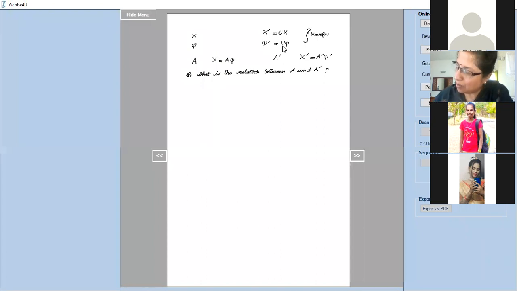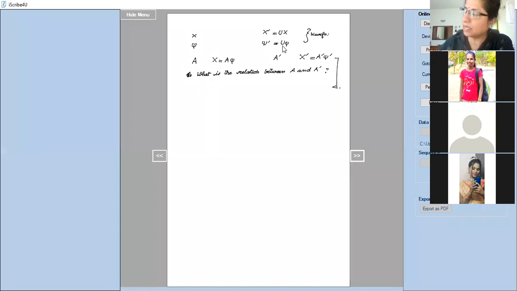Right. So now let's go from this relation itself. So your x prime is equal to A prime psi prime. But what is your x prime? It is nothing but Ux. Correct. And this is equal to A prime U psi. Further, we know that x is equal to A psi.